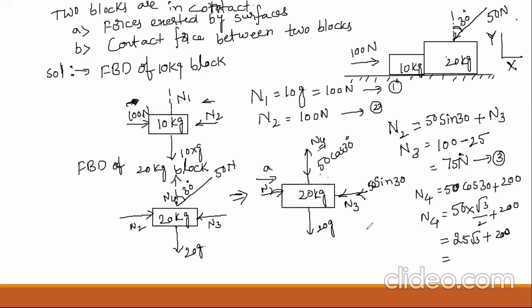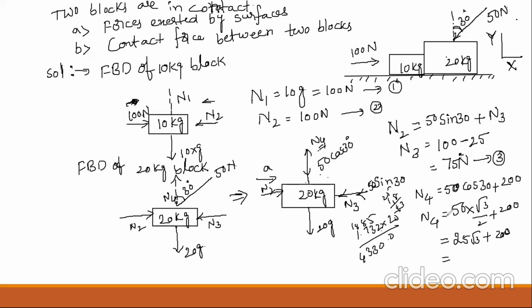So 25 into root 3, so 1.732 into 25. 25 2s are 50, 25 3s are 75, 80. 25 7s are 175, 175 plus 8, 183. 25 1 is 25, 25 plus 18, 43.